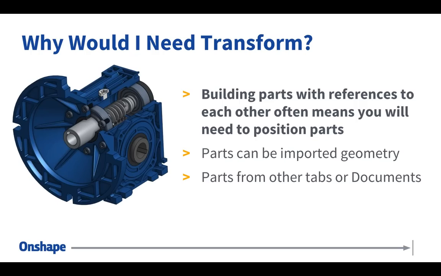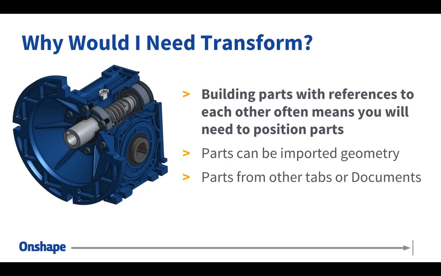I need to build, you'll see the housing on the left there, around these worm gears. These worm gears perhaps came from a library of files from another system, but I need to build my housing around it. A great example where I need to insert the gears and position the gears in the correct position in the part studio so that I can correctly model my pieces around it.